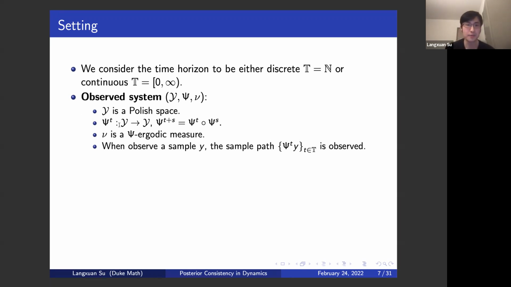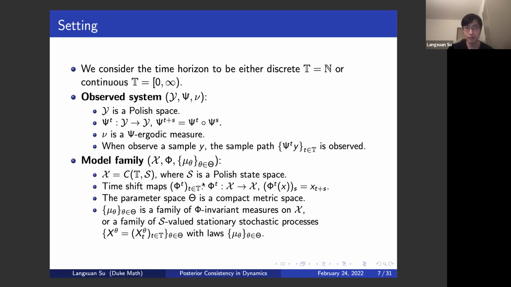But this is just a very pedantic description of the system that generated the samples. So the second component, remember, of the framework is to have a model family. And here our model family is given by this system.